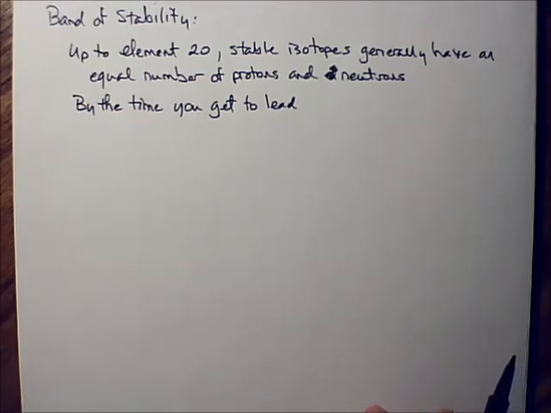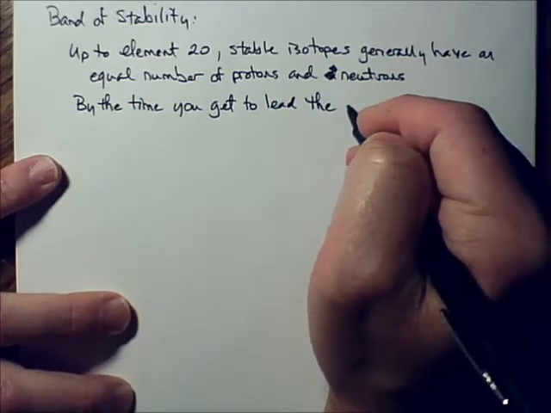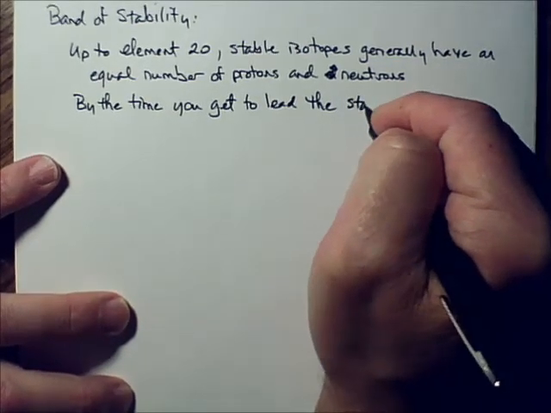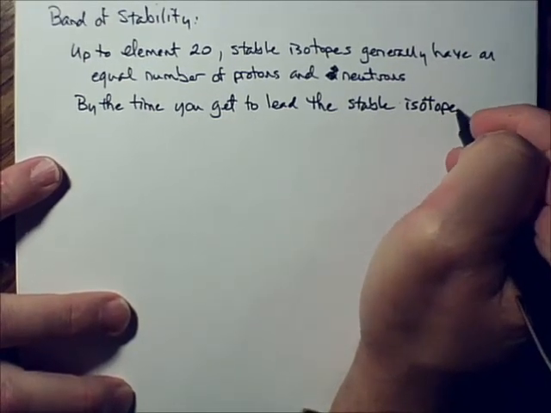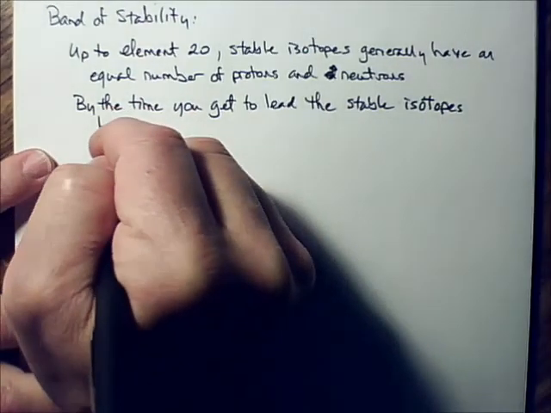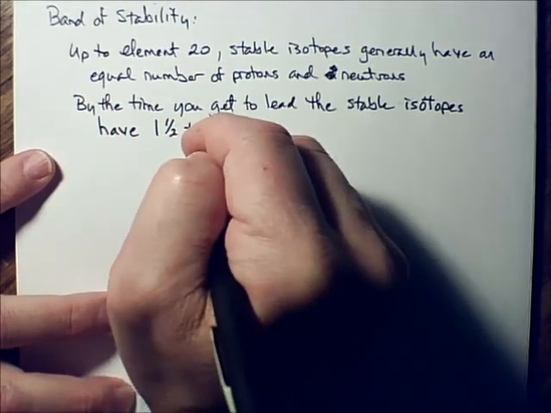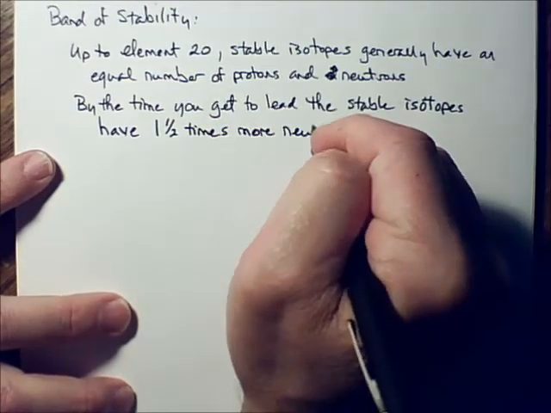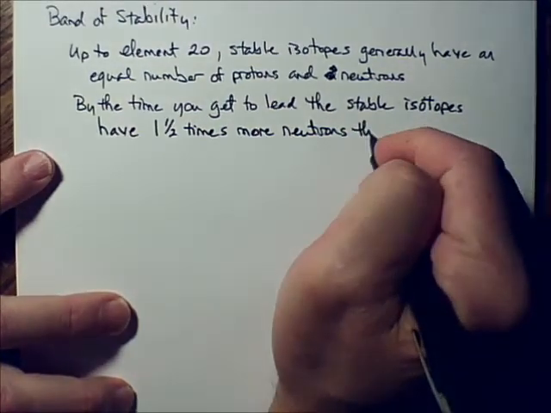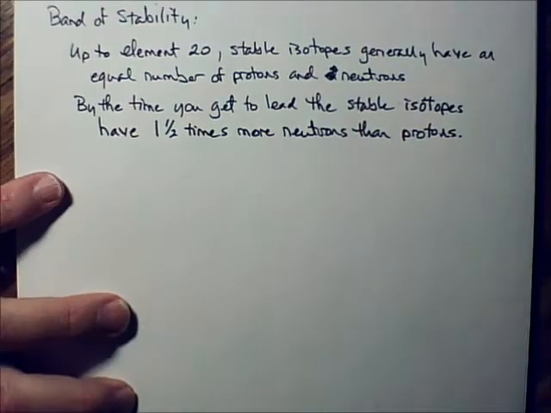Okay, by the time you get there, the stable isotopes have 1.5 times more neutrons than protons. Okay?